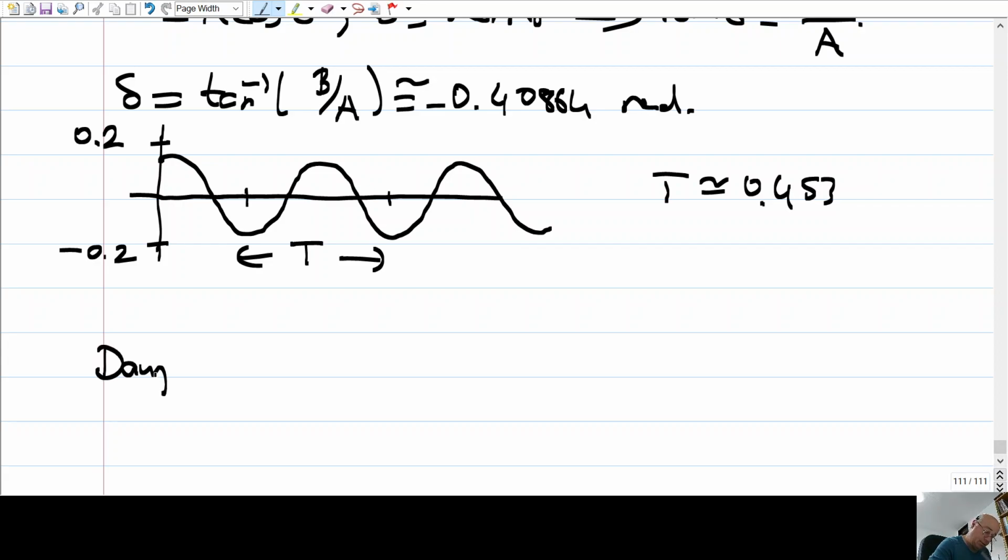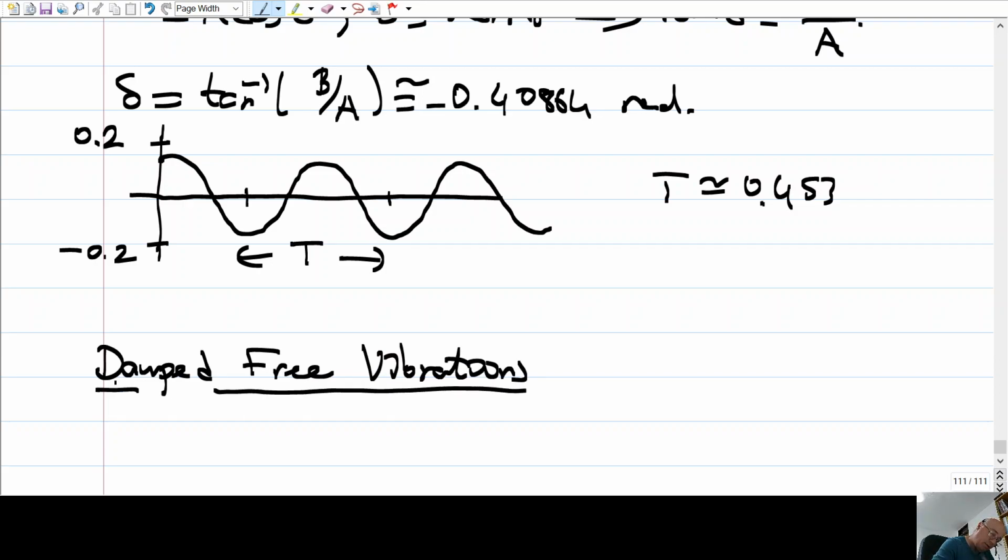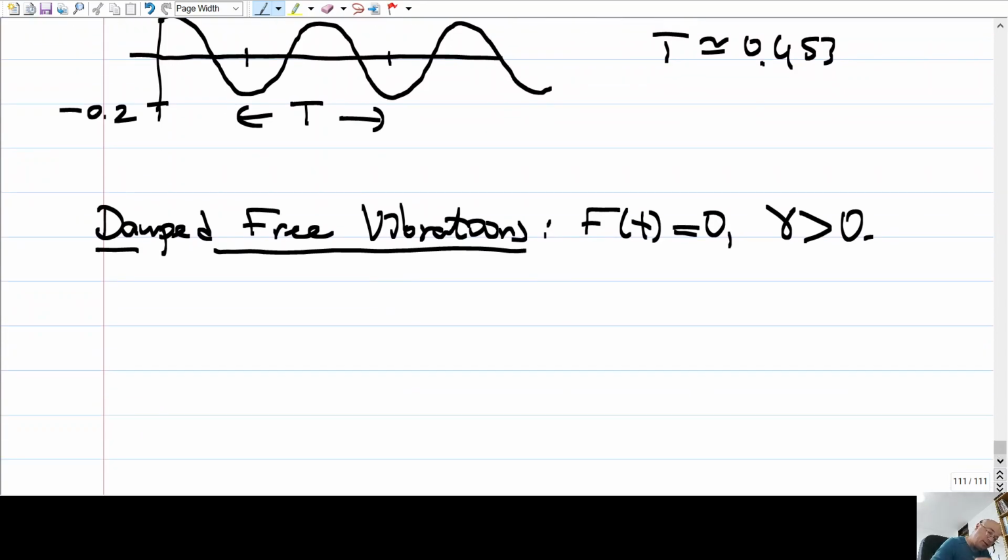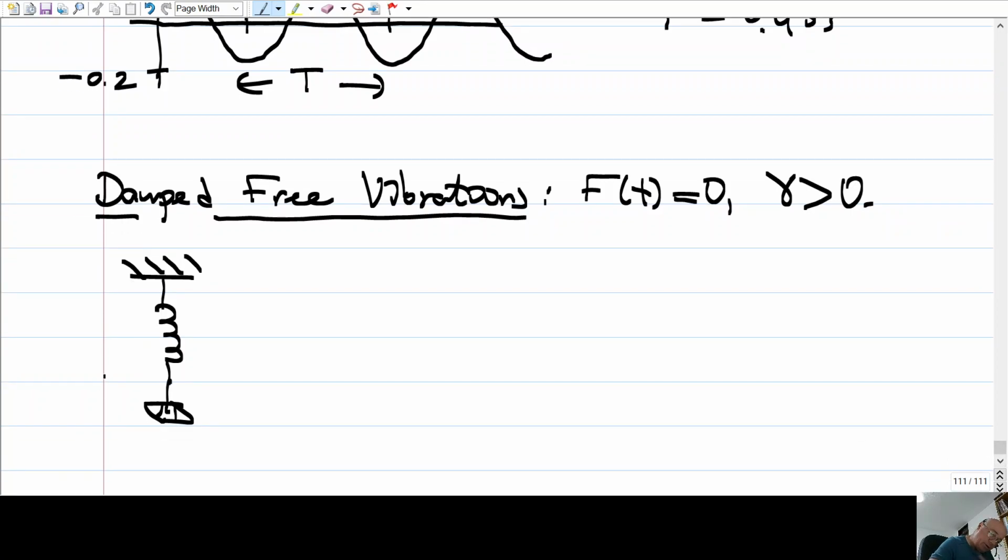The next one is damped free vibration. So this time external force is 0, but gamma is not 0. So there is damping. This is like, you have a spring and again a mass, and it goes up and down.